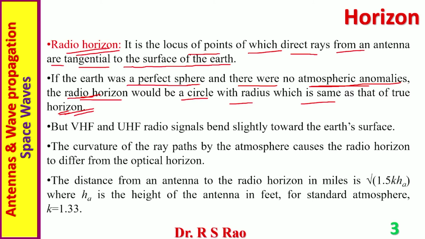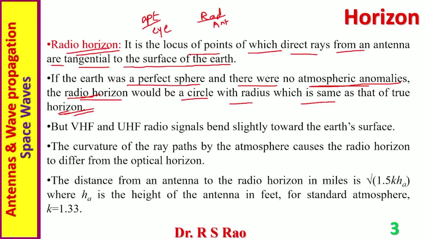are absent. Before going further, one or two points which differentiate optical horizon from radio horizon. Optical horizon is the one that is seen by human eye, whereas a radio horizon is the horizon that is visible to antenna.